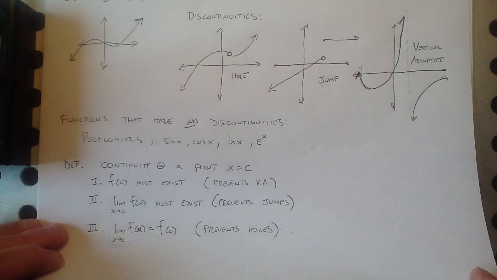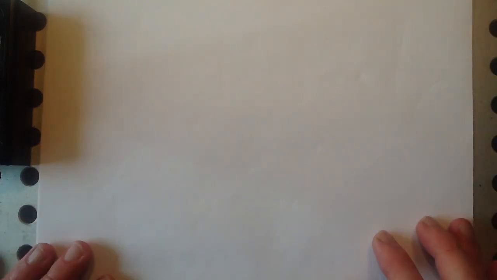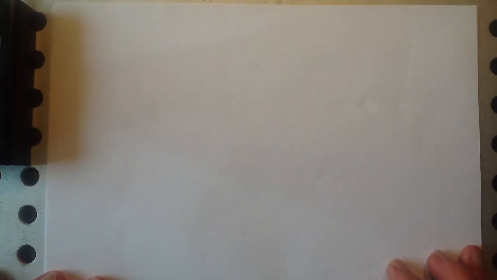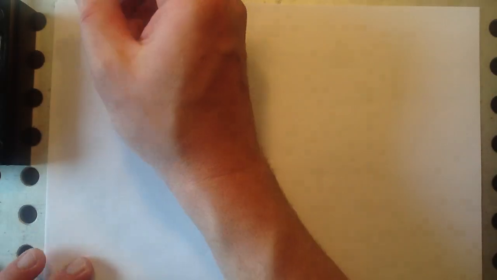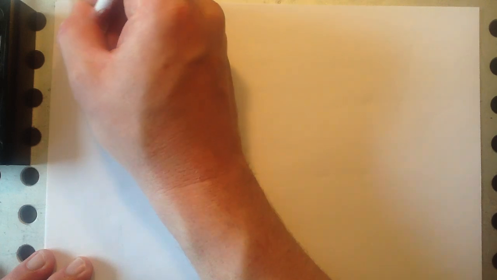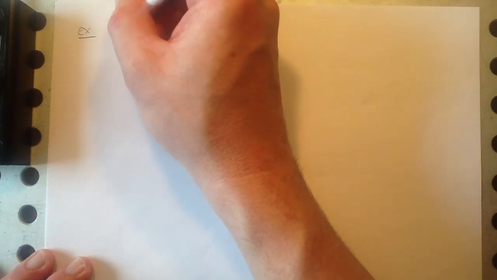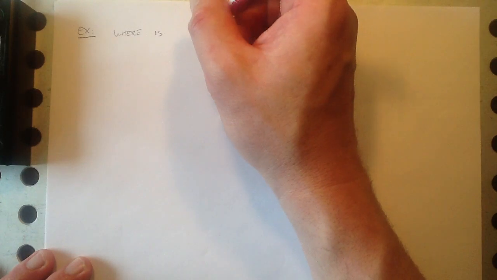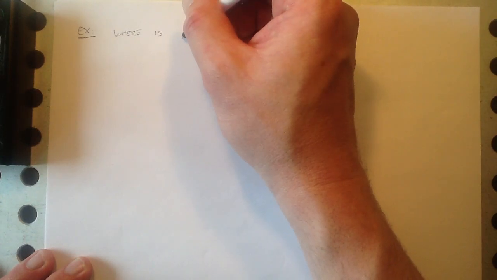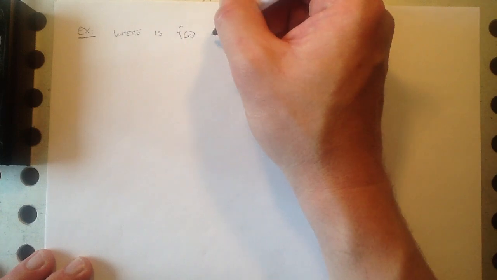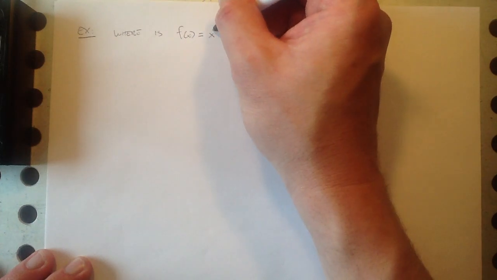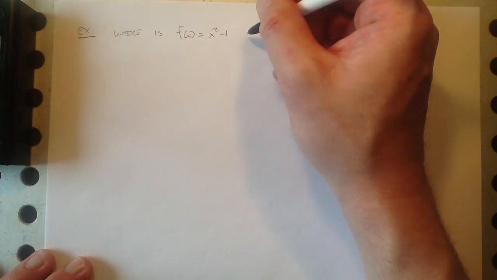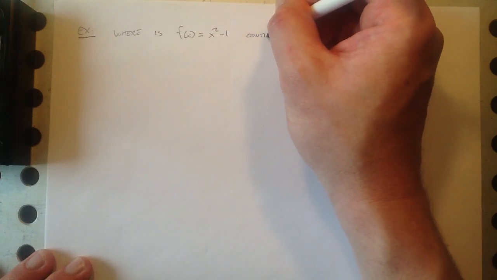All right, so what kinds of things can we do here? We could answer questions like this. Where is the function f of x equal to x squared minus 1 continuous?